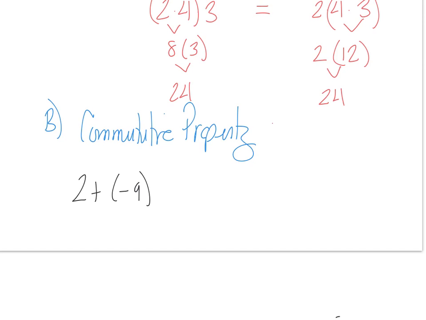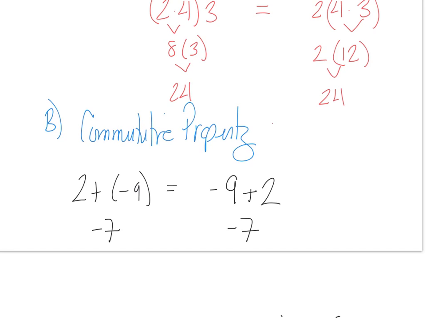I can put negative 9 first, and then I can add that to 2. See, I'm changing the order of my numbers. I can put an equal sign here because 2 plus negative 9 is negative 7, but if I take negative 9 plus 2, I still get negative 7.